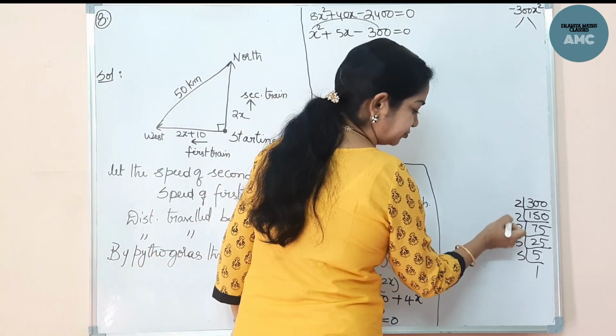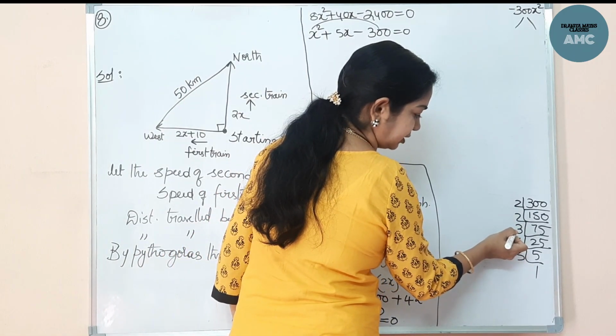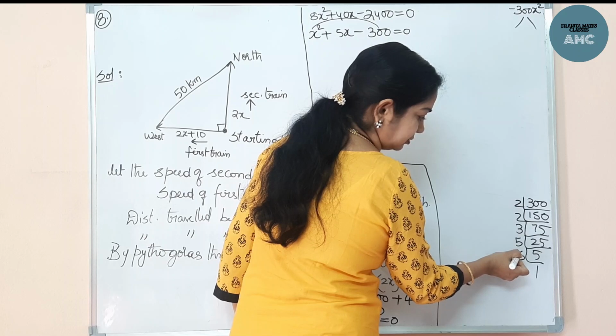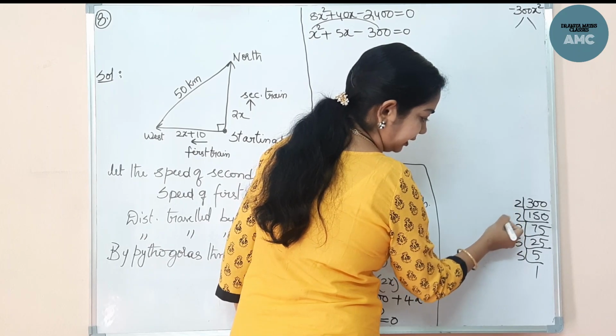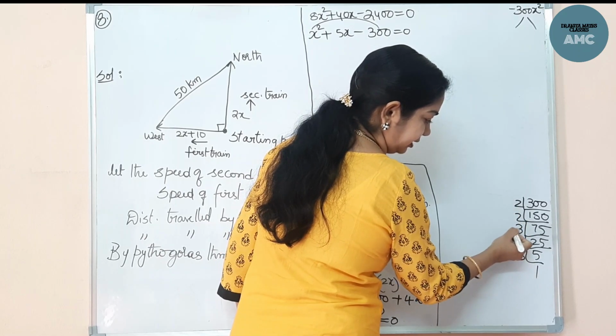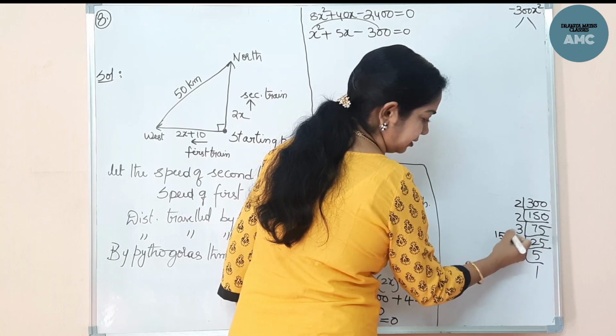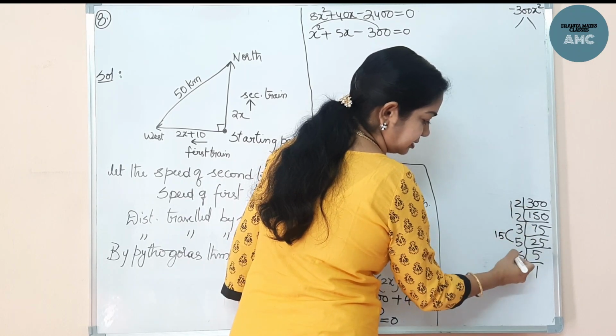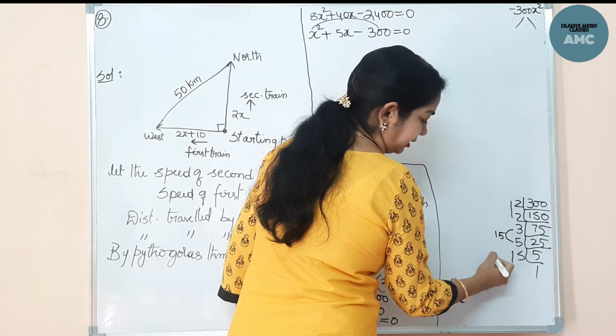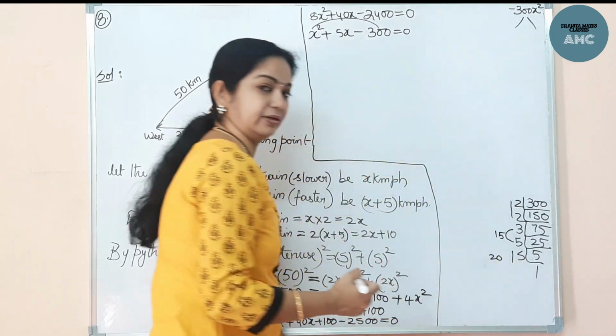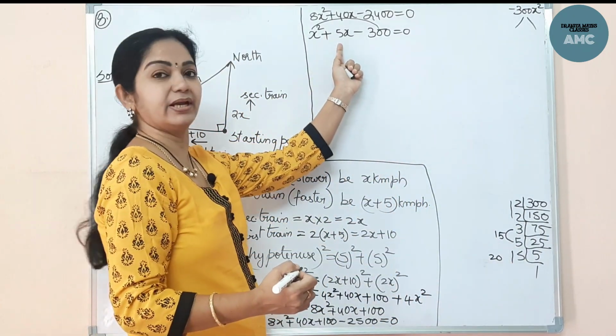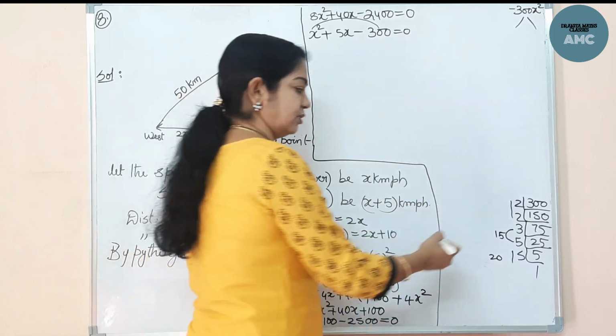Now what two factors do you have to take such that the product is 300? Let's see here. If you take 4 and 5, 4 5s are 20, and 15. So 15 and 20, and 15 into 20 comes to 300.